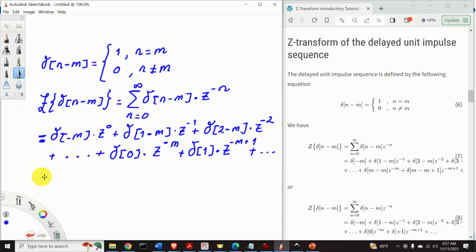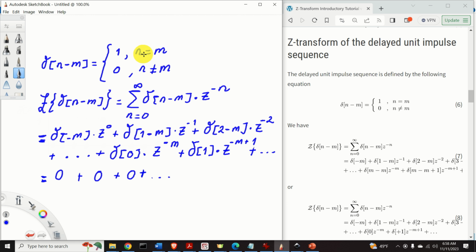We can see that the term over here is actually equal to 0. This is because delta of n minus m is equal to 0 for all the values of n that are different from m. Similarly, the second term will be equal to 0, the third term will be equal to 0, plus we will have the 0 terms. Then this term will obviously be equal to 1.